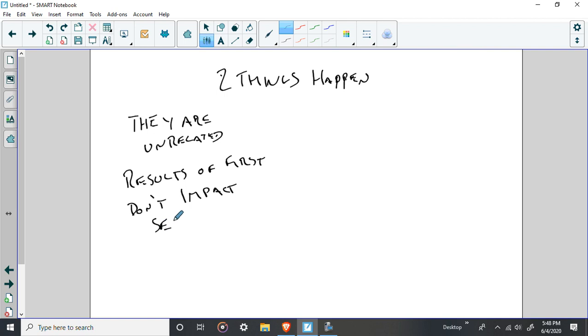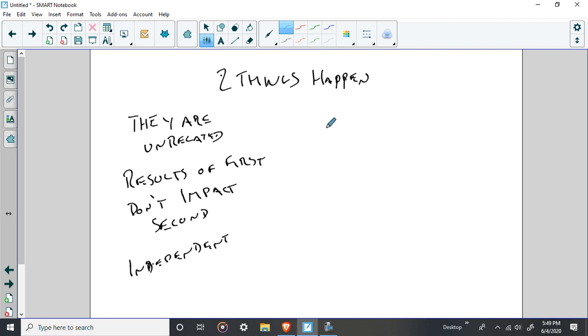In other words, what you do on the first event doesn't at all have any effect on the outcome that you do, okay? And those are independent. They're apart from each other, right? We think of independence as being individuality, right?